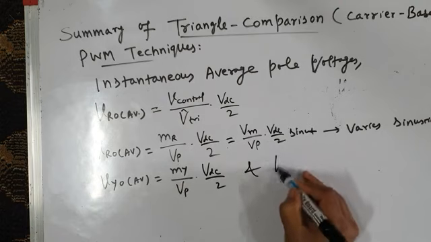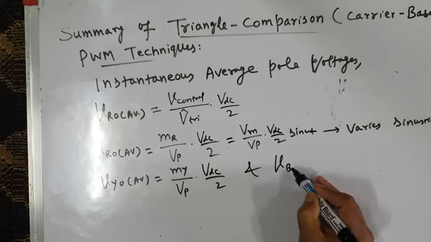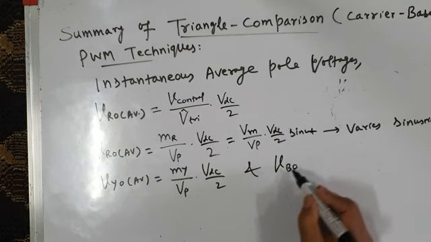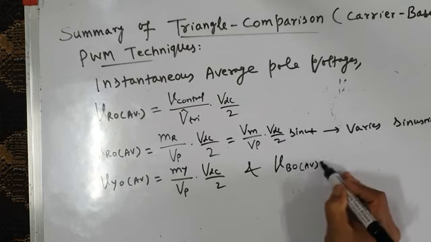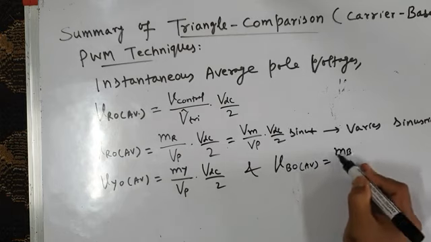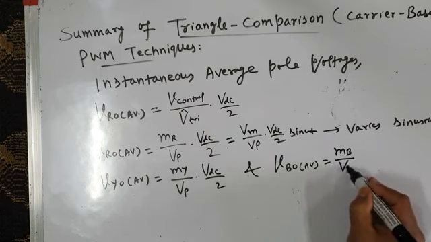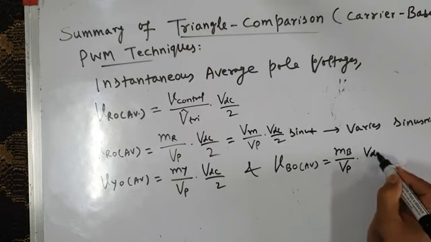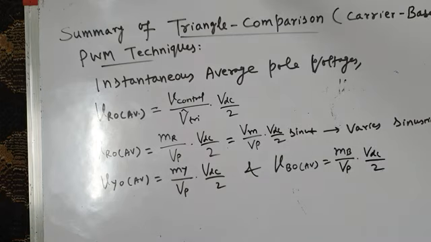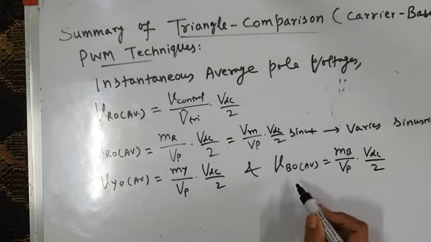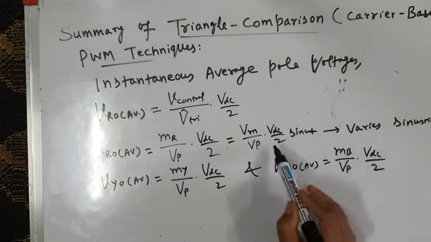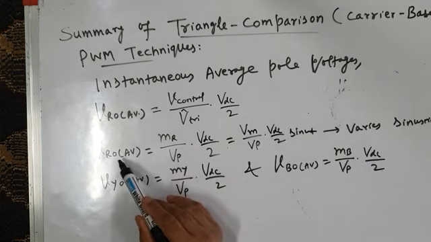And for the third phase leg B, the instantaneous average pole voltage VBO average will be equal to MB, its modulating wave or target reference wave. So MB by VP into VDC by 2.